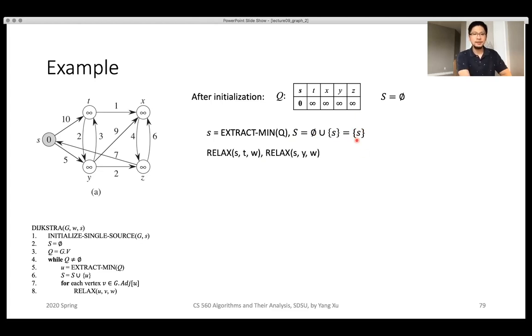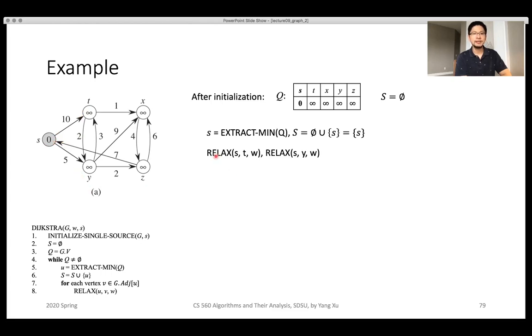The next steps, from line 7 to 8, will relax all the edges that leave the source s, which are ST and SY.